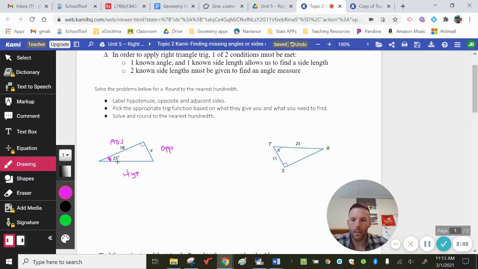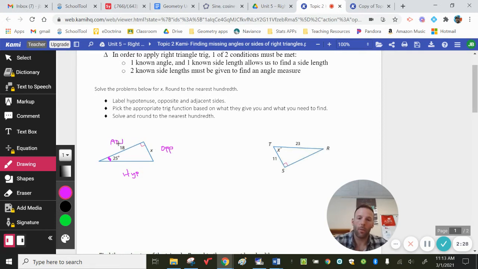Now I'm going to look and say, okay, which ratio should I use based on what I know and what I'm trying to find? Well, I know this reference angle is 25 degrees. I want the length of the opposite side, and I know the length of the adjacent side. So I'll ask myself, which trig ratio compares the length of the opposite side and the length of the adjacent side?